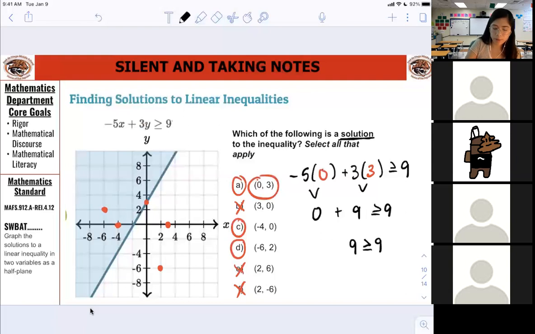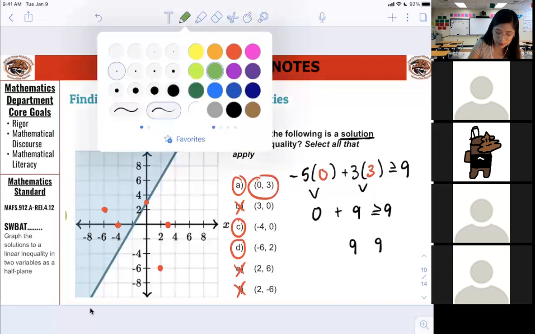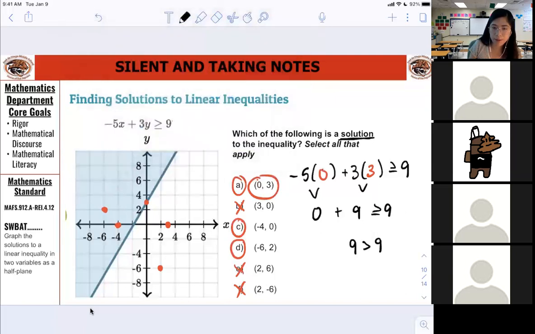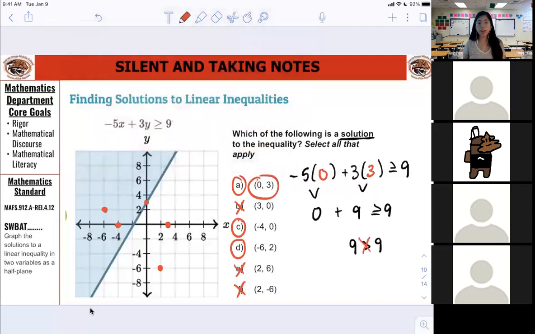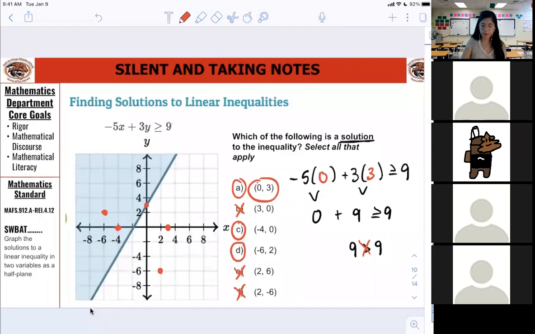True. Good. Why is it true? Because it's greater than or equal to. Good, because you have that equal to. Since it's equal to, this is correct. But if this had been just greater than, would that have been correct? No. So that's just one last little thing to watch out for: make sure you have the correct symbol and that you're being very careful.